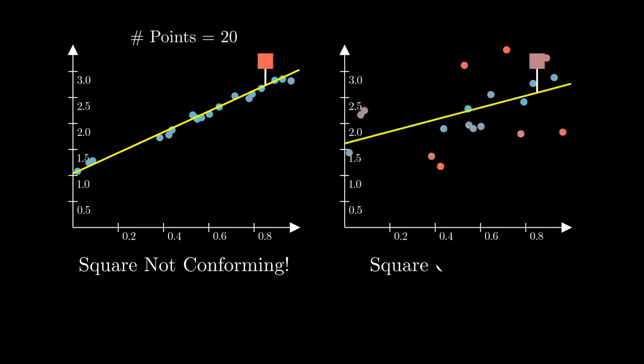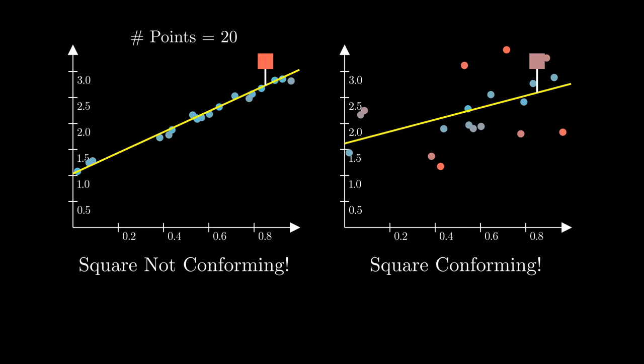Consider a regression example with 20 different points, and the OLS line fit to them. It is obvious that the square with such a high amount of absolute error is not conforming with the bag of all points. Now, if we spread the circles further away from each other, such that the absolute error of the square remains approximately the same, the square suddenly conforms relatively well to the bag.